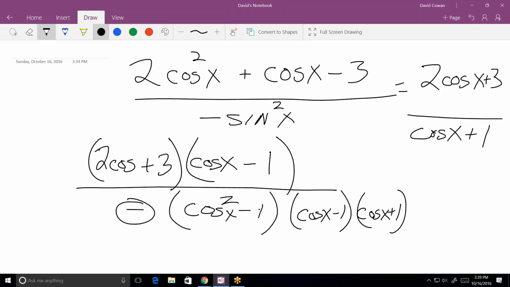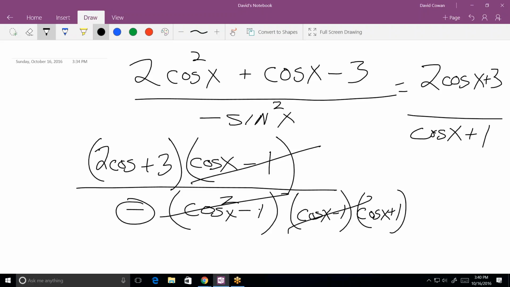In other words, this is what we have now, right? That cancels with that, and now we have 2 cosine plus 3 over cosine x plus 1.